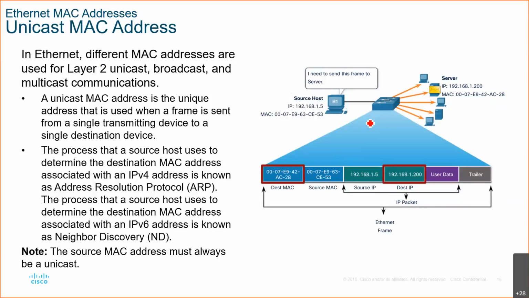You send to a destination MAC address, you just mention the MAC address, and then it goes to that MAC address. For example, this is your source computer with this MAC address, and this is your destination with this MAC address. IP version 4 address is here for this source, and the IP version 4 address of the destination.